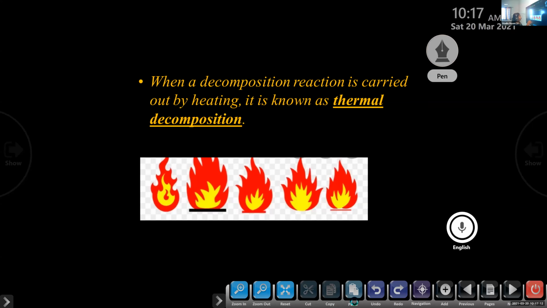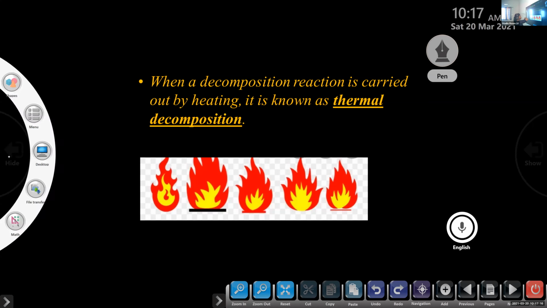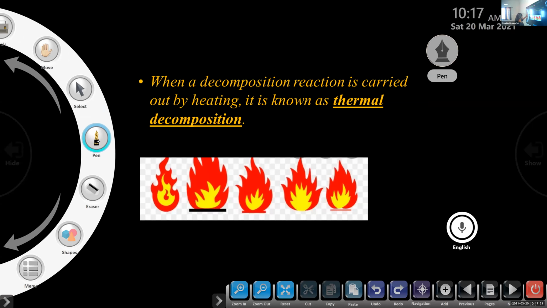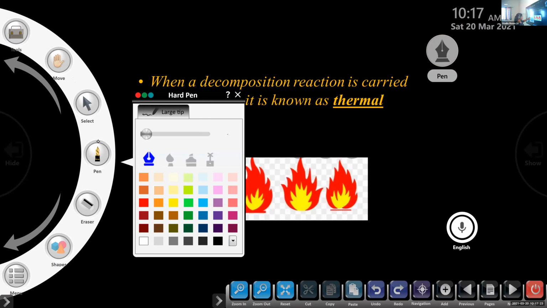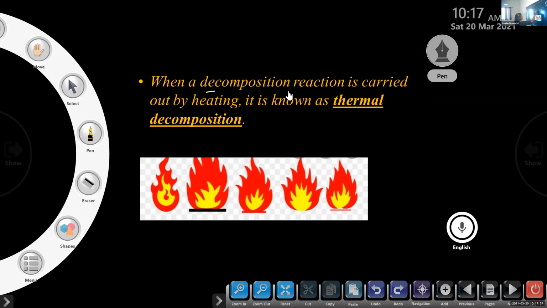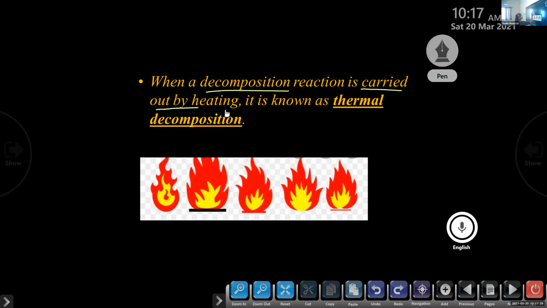Before that, when this decomposition reaction is carried out by heating, okay, when this decomposition occurs only due to heating, it is known as thermal decomposition.